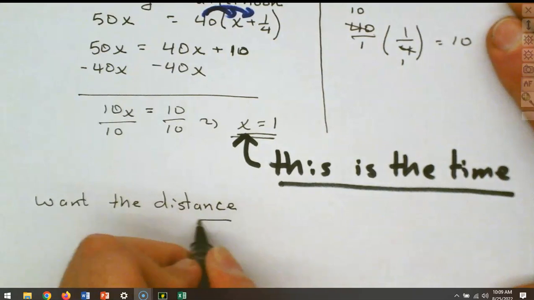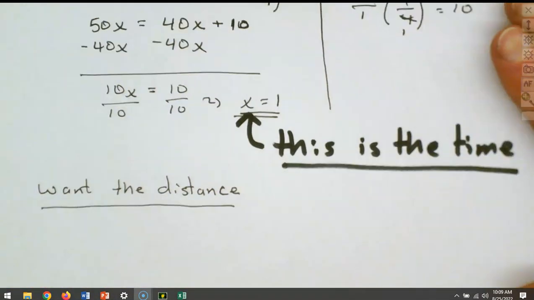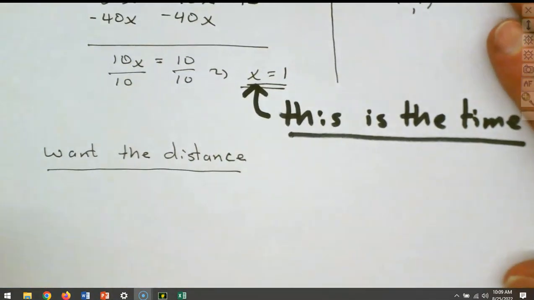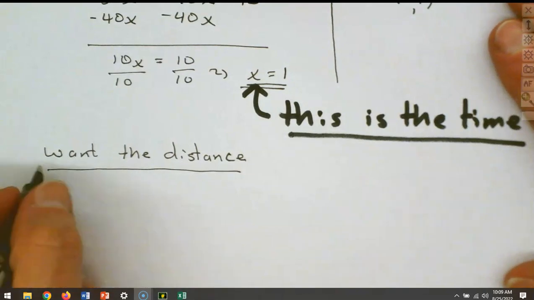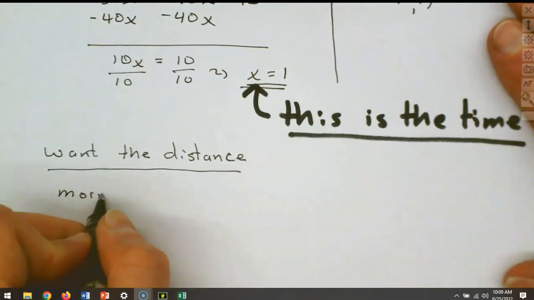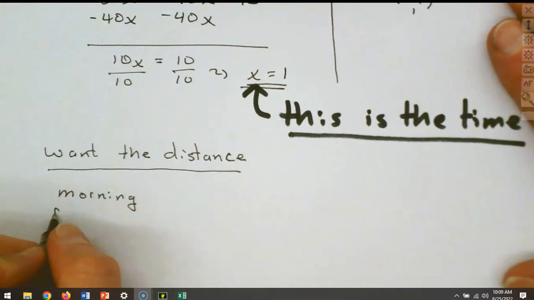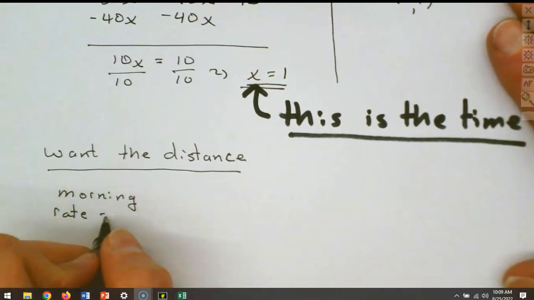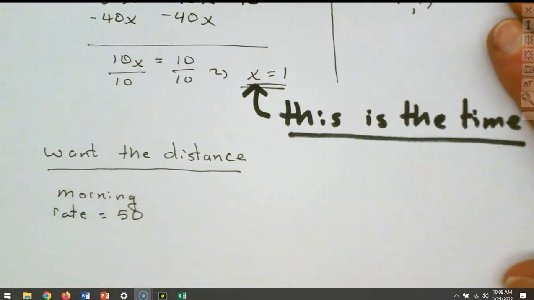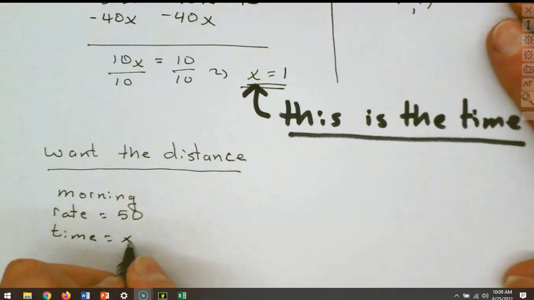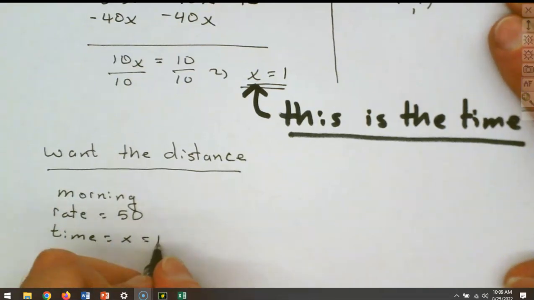So we need to find the distance. How do we do that? Well, let's go back and look at the morning. In the morning, her rate of speed was 50, and the time was x, but we now know that x is 1.